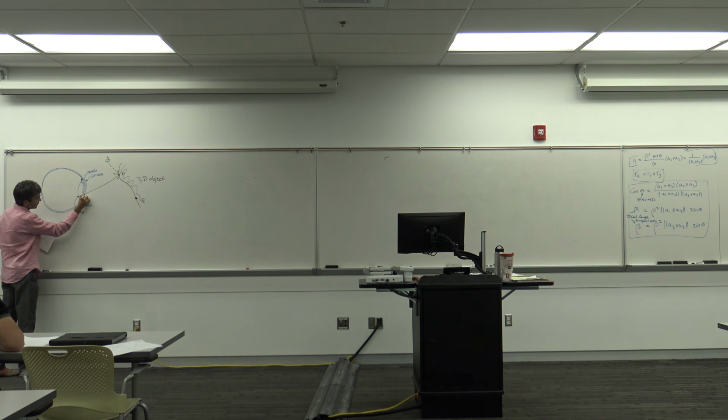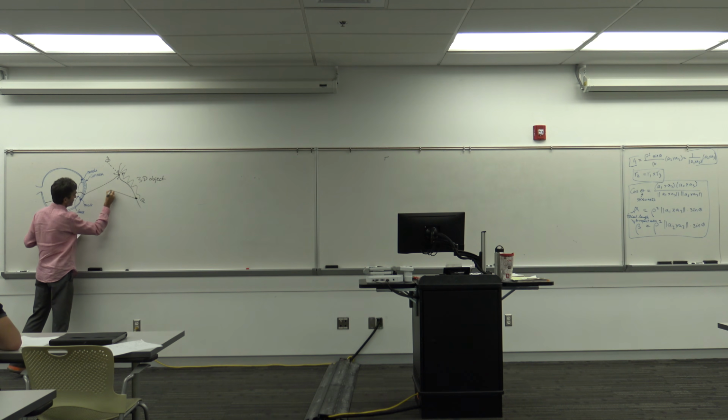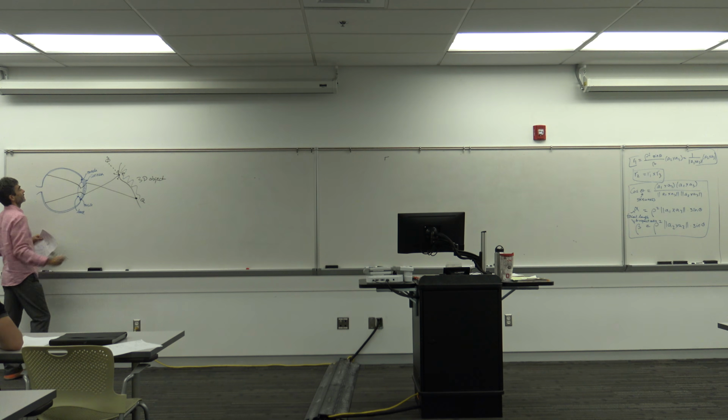Now the cornea is going to bend that light, then that's going to hit the lens, which is going to bend that again, and it's going to give me this point here, and the same is going to be happening here. It's going to bend again, and then I'm going to get my image points right here at the back. Okay? Same thing.